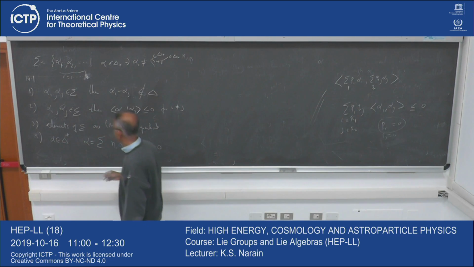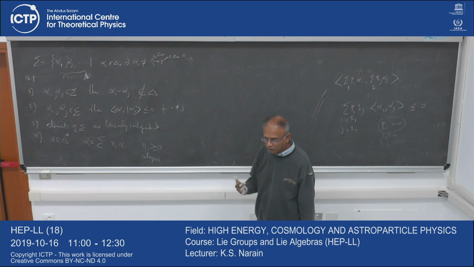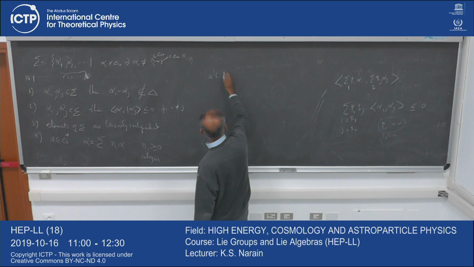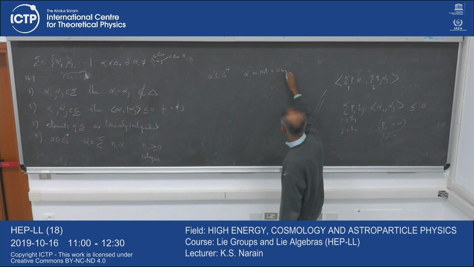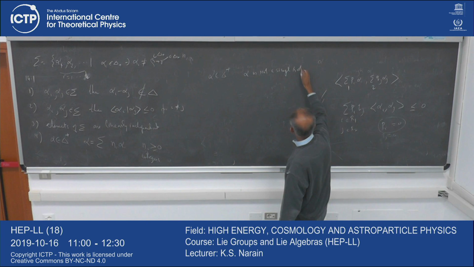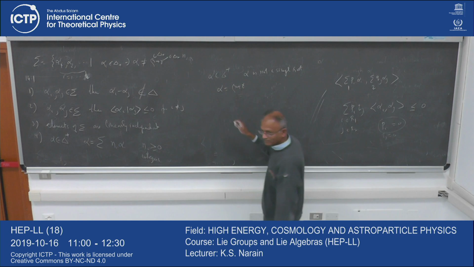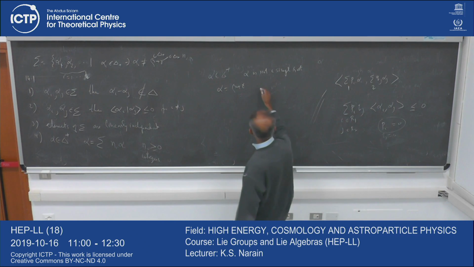Any root alpha which is not a simple root, that is, any alpha belonging to delta plus that is not a simple root, by definition I can write alpha is equal to some beta plus gamma, right? So beta and gamma are again in delta plus.